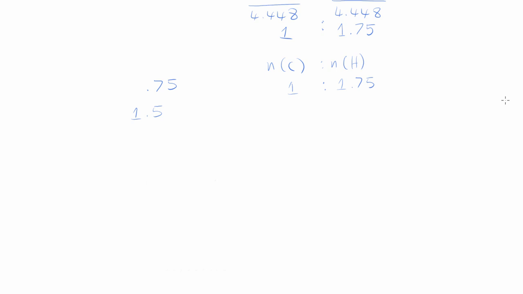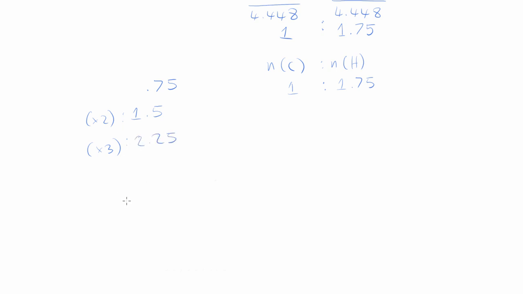If you've had a go, you may have already come up with the number that would get it to a whole number. But just for the sake of thoroughness, let's multiply by 2, and multiply by 3 as well. So I invite you to have a go: if you multiply by 3, what do we get? We're going to get 2.25.